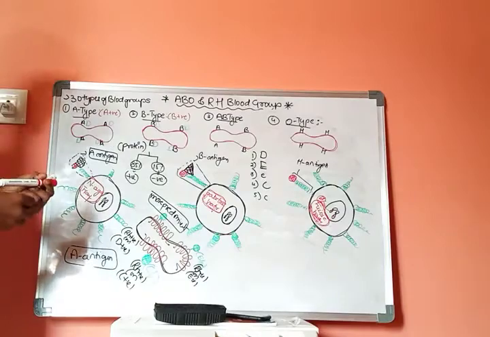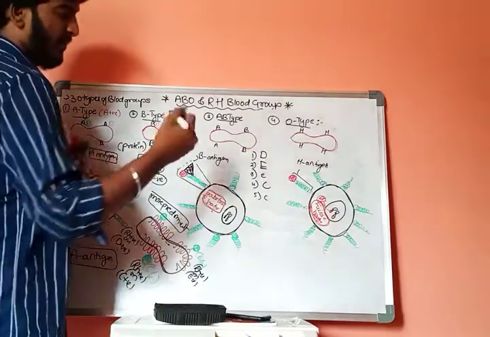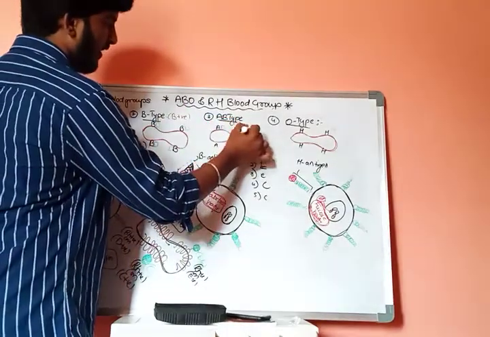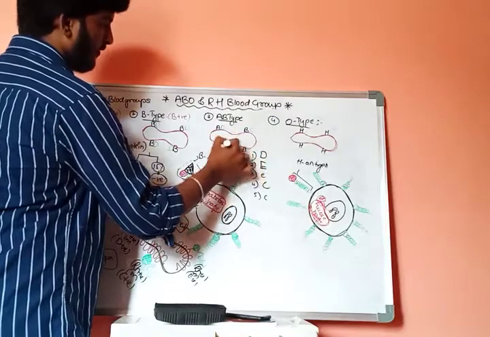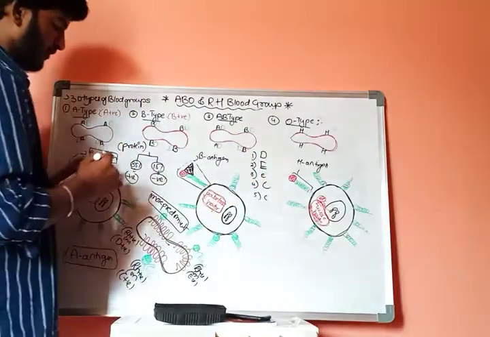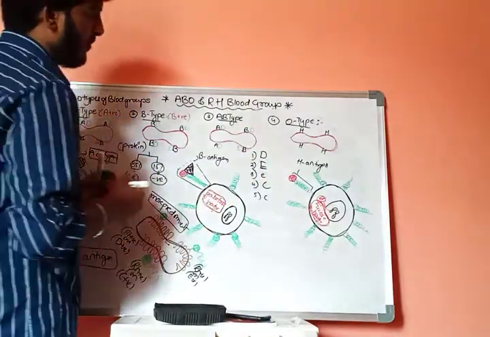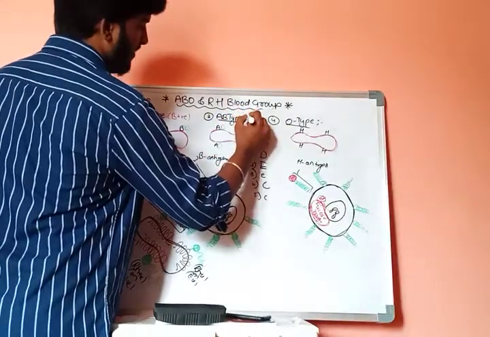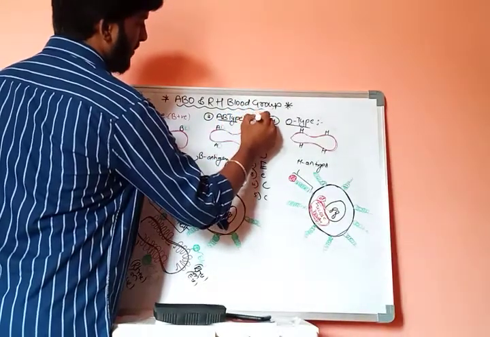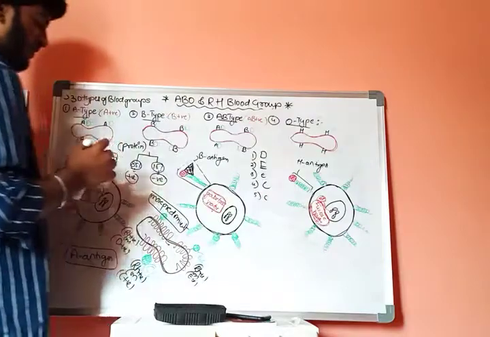Whenever the AB type of blood group contains D antigens, it is called AB positive.